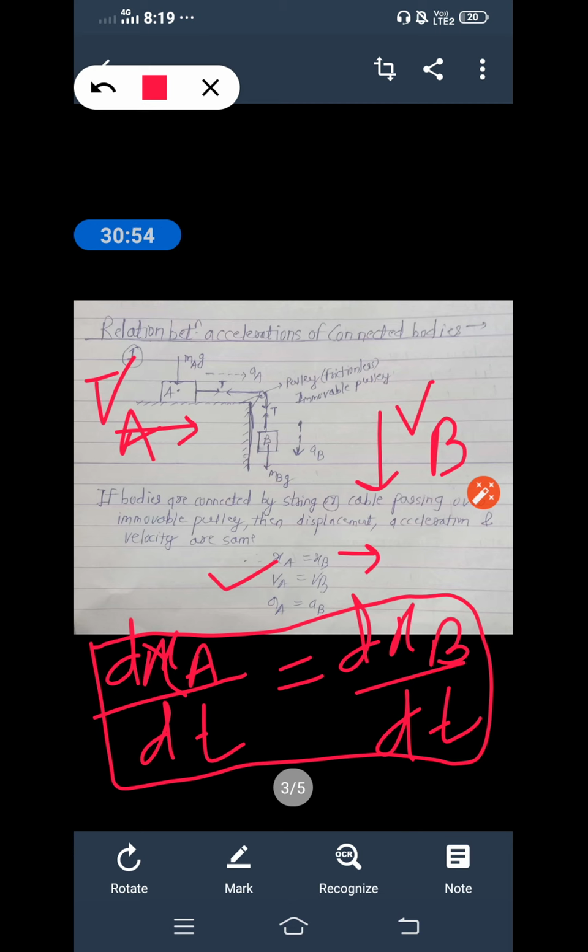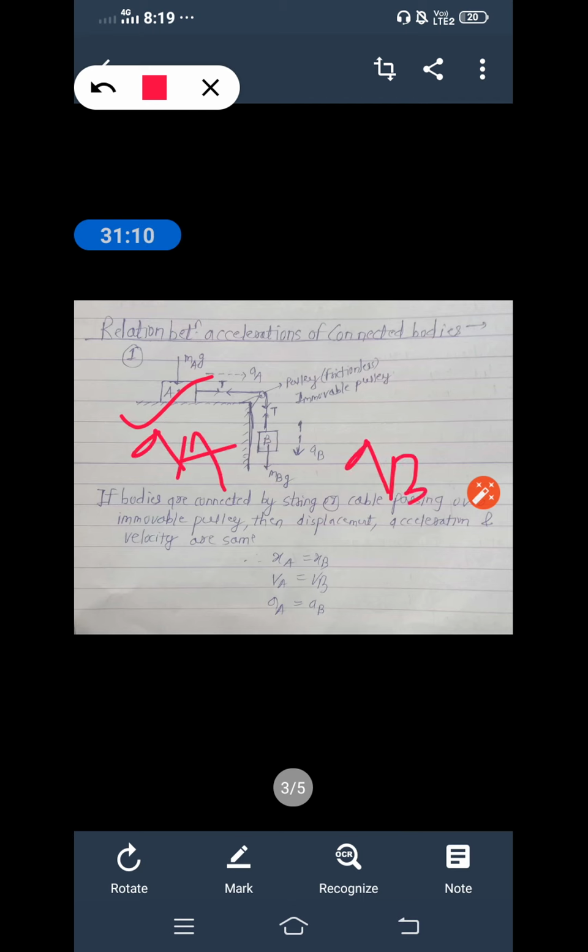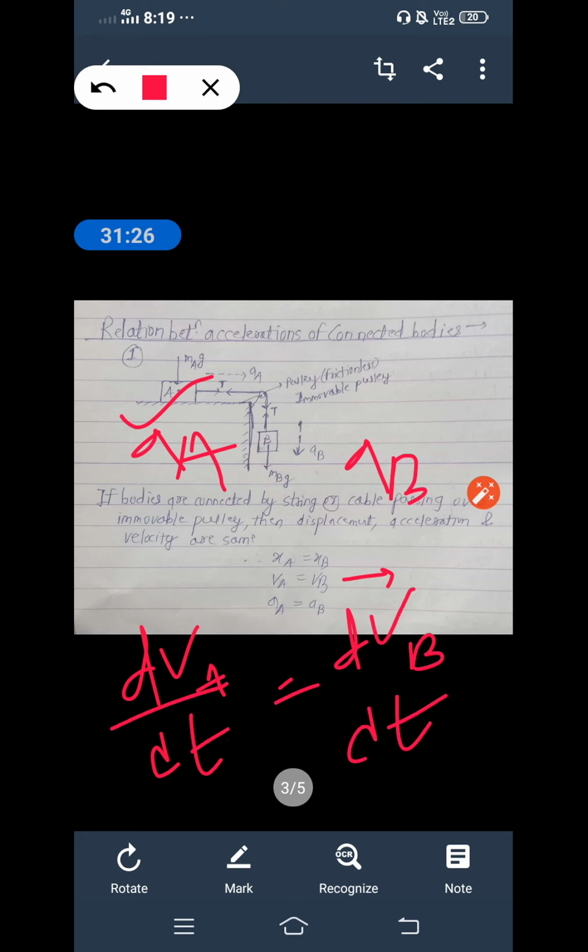I think you understand the second equation. Now similarly, your third equation: acceleration of A and acceleration of B. The acceleration of block A and the acceleration of block B are the same under this equation. And how do we get it? Again, see, differentiate the second equation with respect to t. dVA divided by dt is equal to dVB divided by dt.